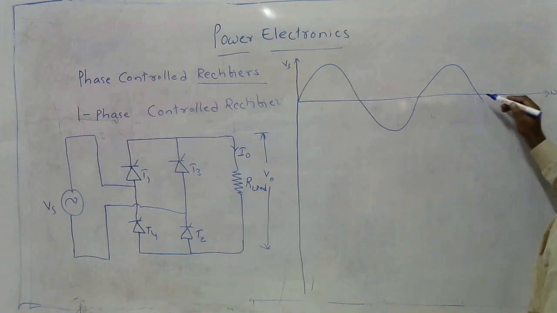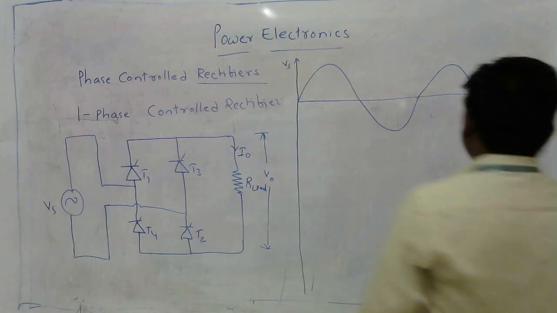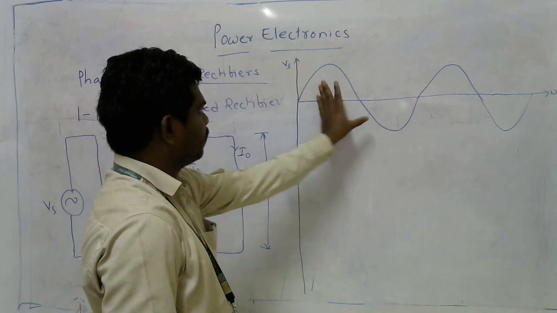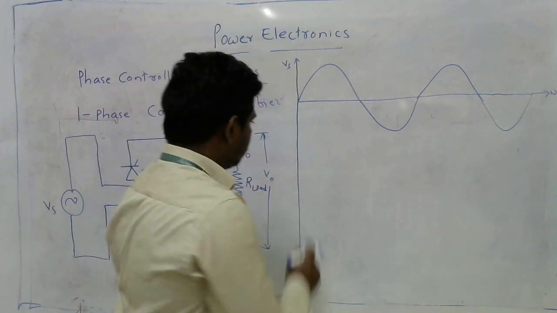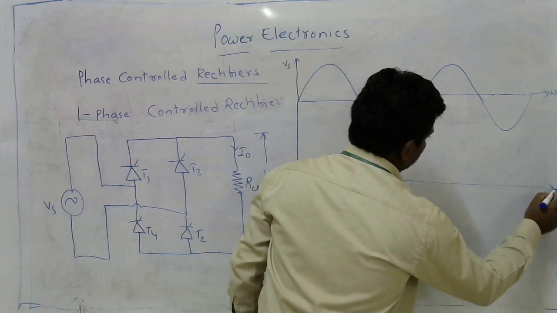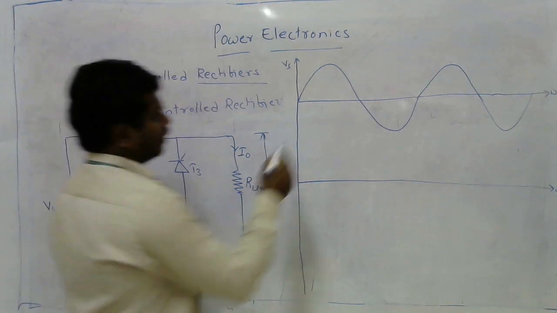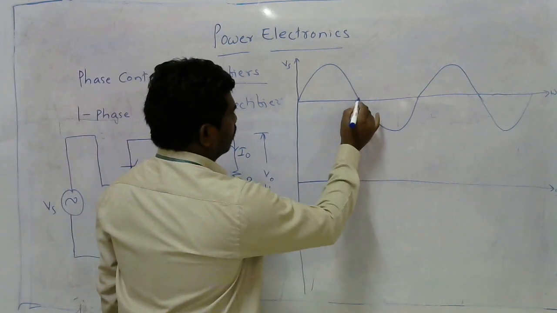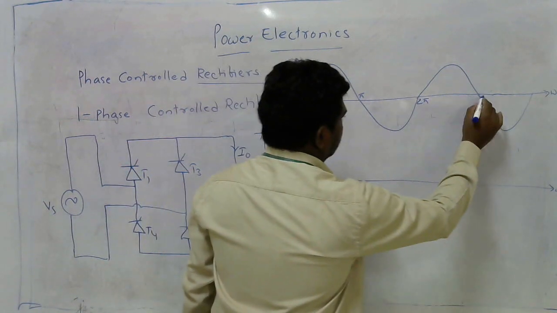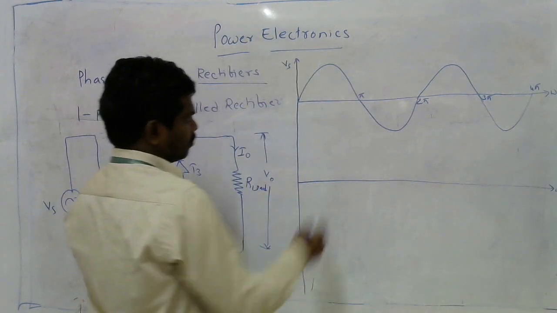This is my input, and I have two cycles: this is one cycle, this is another cycle. I'm just giving the information on how to draw these waveforms based on the circuit operation. This is pi, this is 2 pi, then 3 pi, 4 pi. You have to mention all these things.